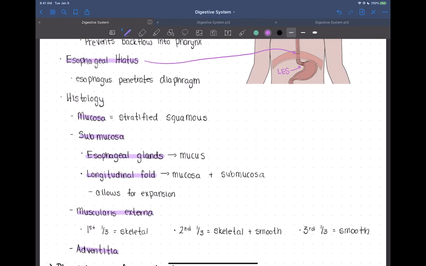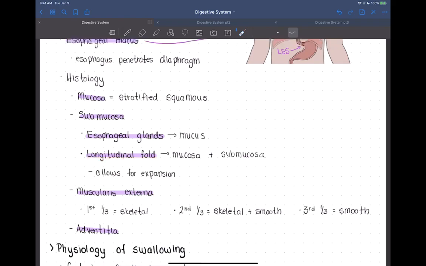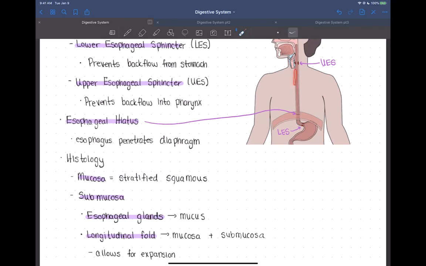Underneath the mucosa, in the submucosa, where you contain a lot of glands, usually there are esophageal glands. These glands are going to produce mucus to help lubricate the esophagus and keep that bolus moving through. The esophagus also has longitudinal folds. Longitudinal means they run up and down like this, instead of being folds like rings.